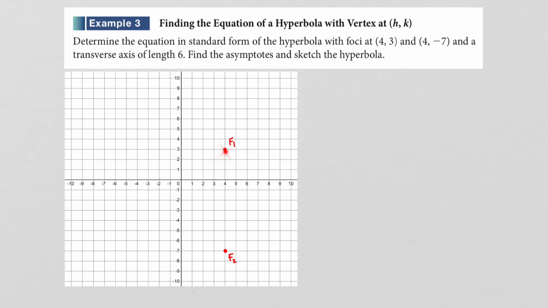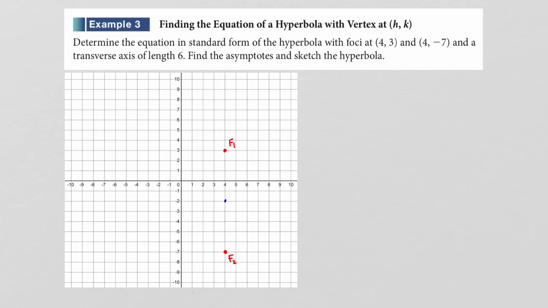So if this is 3 units this way and 7 units this way, that's a total of 10 units. So if I just go 5 units down from this focus or 5 units up from this focus, we can see that the center must be at this point right here, which has coordinates (4, -2). So the center is at (4, -2).